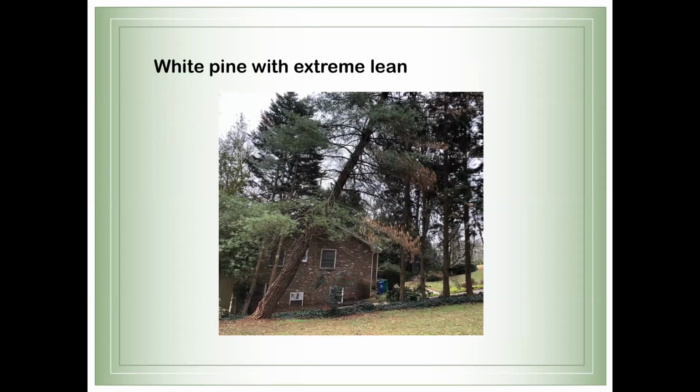Then there's the leaning tree. So leaning trees, when I assess risk in trees at residential properties and such, one of the big topics that comes up is my tree is leaning.